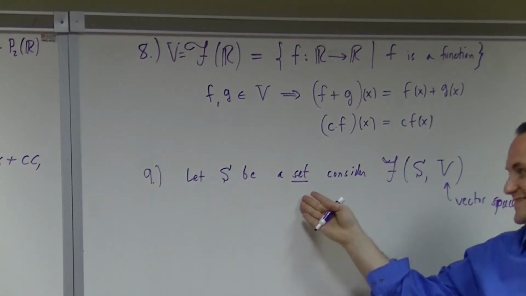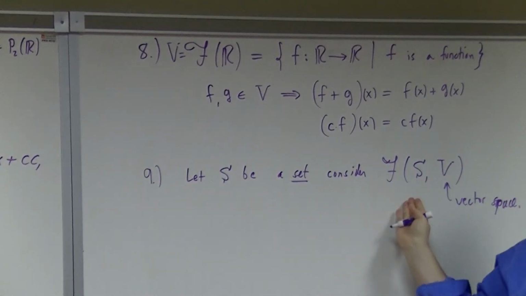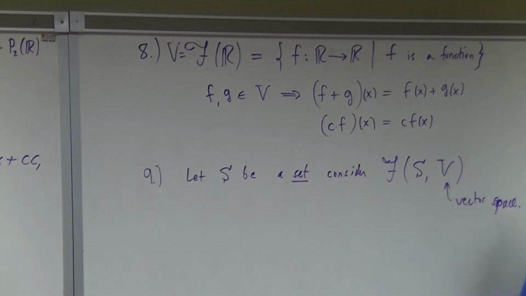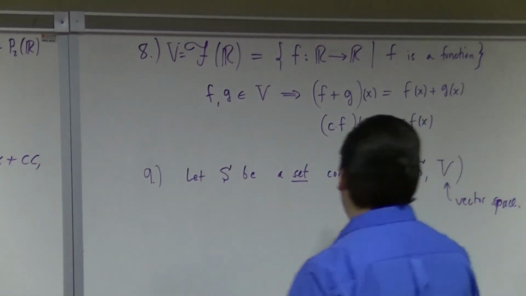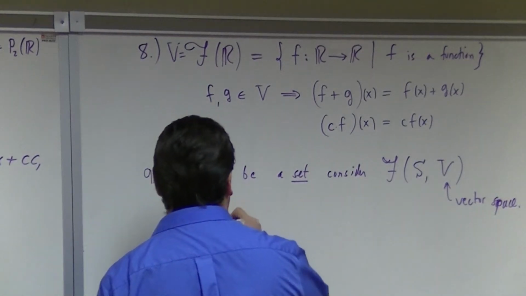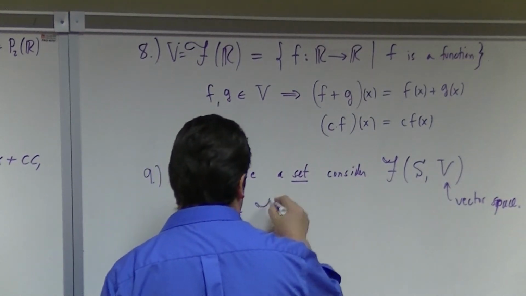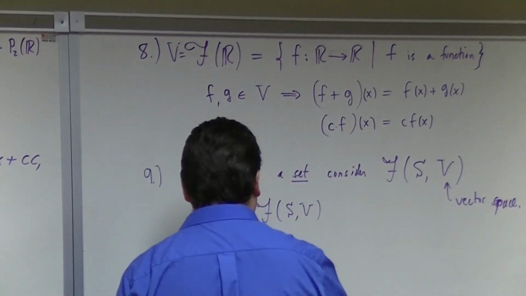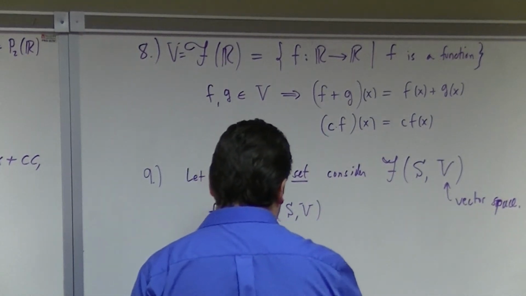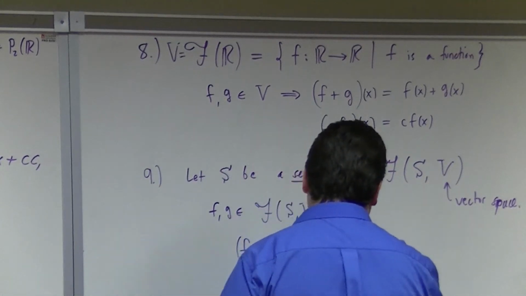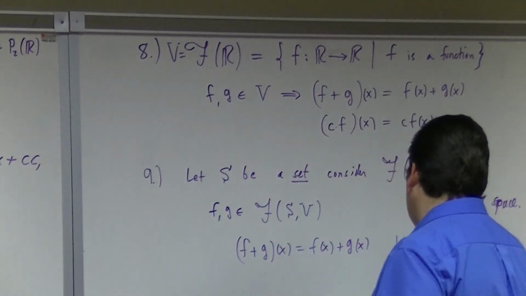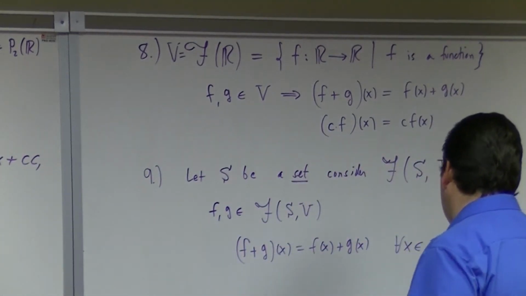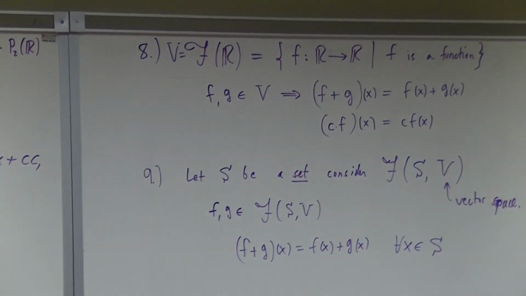So guys, how would you add things in this set? The same way as in my last example, right? How do you add 2 functions? If I get 2 functions f and g from this set, then I can define f plus g of x is equal to f of x plus g of x for all x in this set S. That S doesn't have to be the real numbers. Like I said, it can be all kinds of crazy stuff.